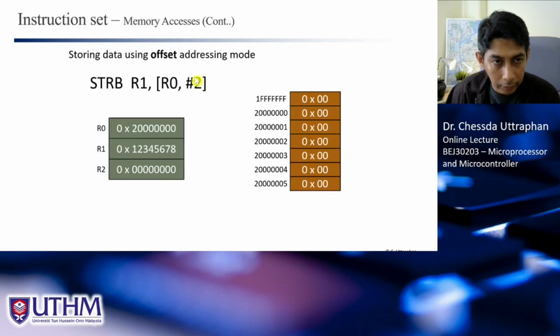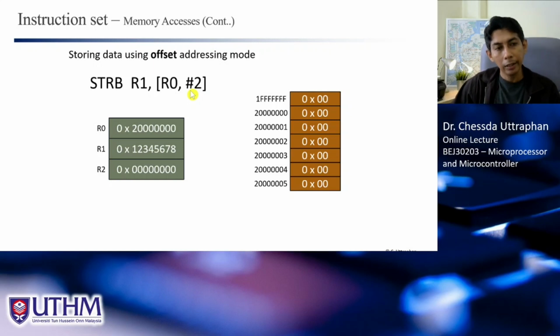So let's see what the offset is. For example, if we write the instruction like this, STRB means that we store 1 byte from R1, this byte, 78 here, into the memory location that is defined by this.